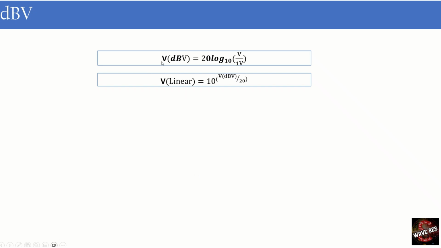So these are the two equations if you want to convert from dB to linear and linear to dB scaling. One of the differences, because we are using 20 here, to convert from dB to linear scale, we have to divide that value by 20 and then take 10 to the power of that value.